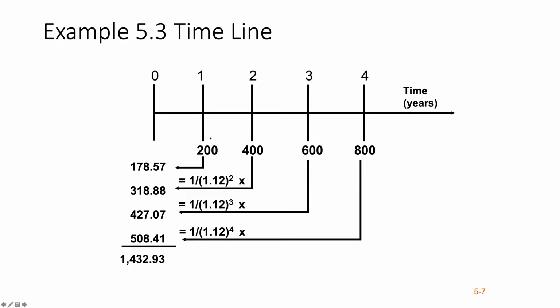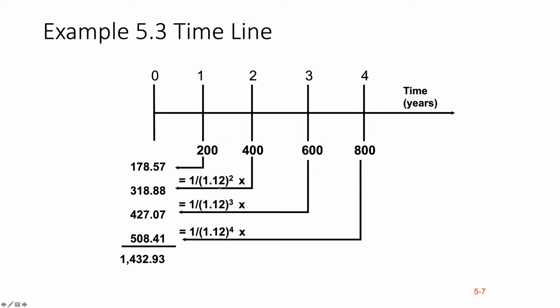For example, future value equal to 200, interest rate 12, period 1. Solving for present value, you get 178.57. The first one is the present value for the 200 paid a year later. Second, you put 400 as your future value, N equal to 2, 12 is your interest rate.